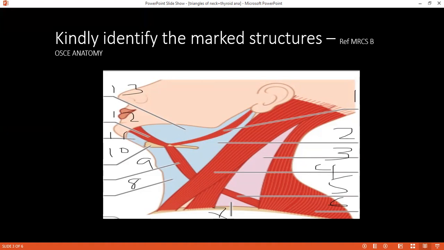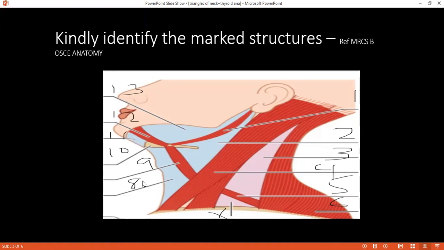What are the contents of the anterior triangles, all 4 of them, quickly? If you can, where is my cursor? Please tell me the contents here, here, here, and here.